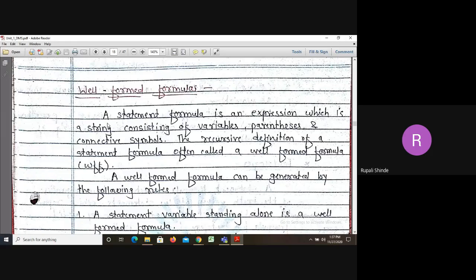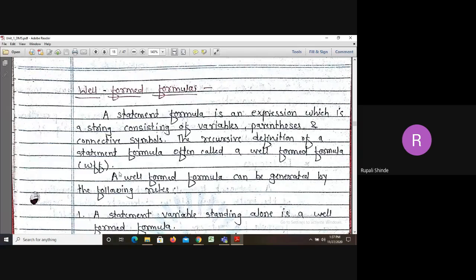So first of all, we will revise the definition. A statement formula is an expression which is a string consisting of variables, parentheses, and connective symbols. And the recursive definition of statement formula is called a well-formed formula. Means what? Well-formed formula is nothing but a statement formula.